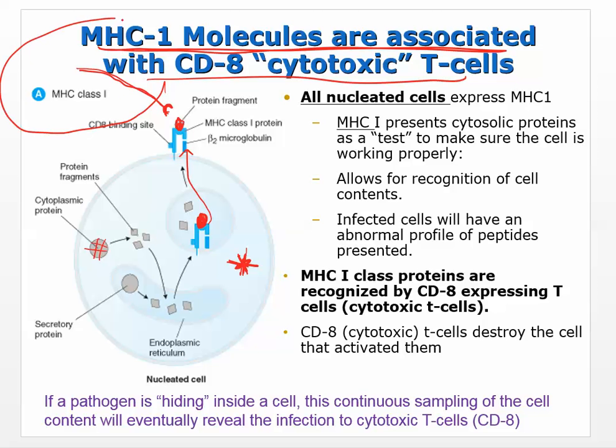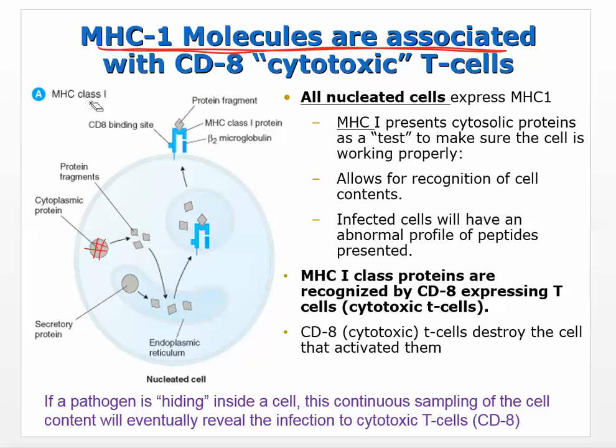It's okay, cytotoxic T cell. So there's the receptor, and the receptor says, I don't recognize you, kill it. Okay, so that's what it's doing all the time. Your cells are constantly sampling their own contents, putting them on MHC1, and then if a CD8 cytotoxic T cell moves through, then it will kill that particular cell.